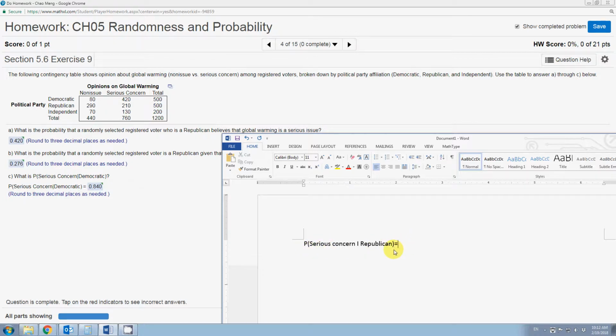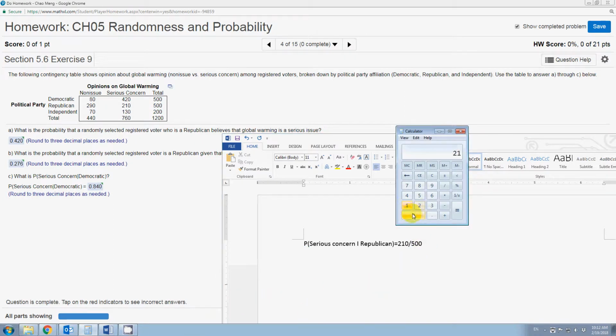It's equal to the number of counts for Republicans and serious concern, which is 210, divided by which number? Because the condition is Republican, we divide 210 by the total number of Republicans, which is 500. So 210 over 500 is 42%.